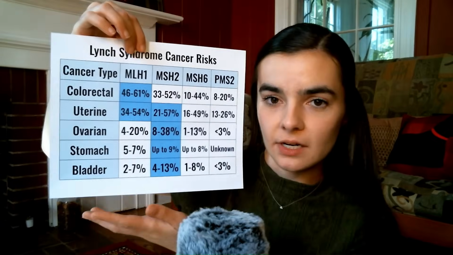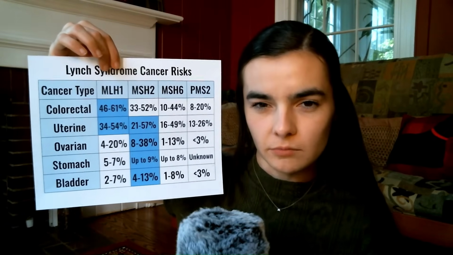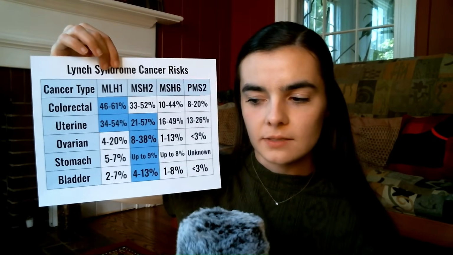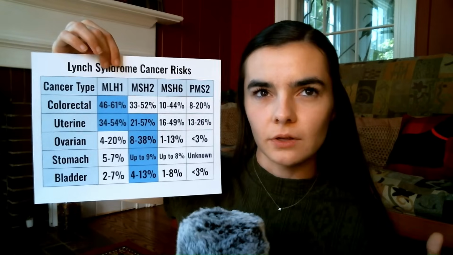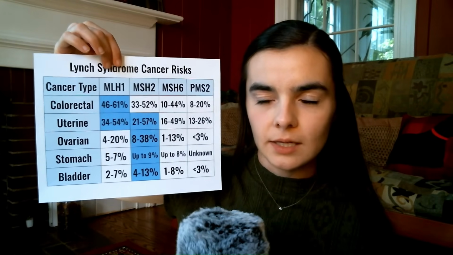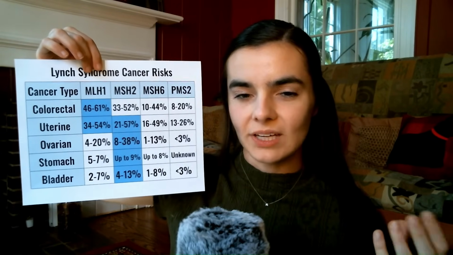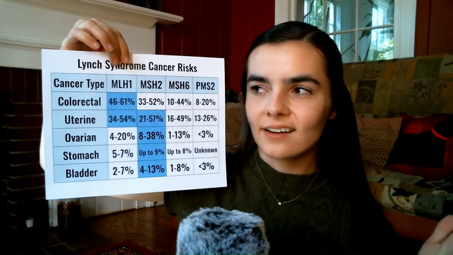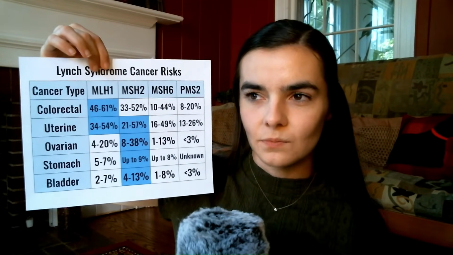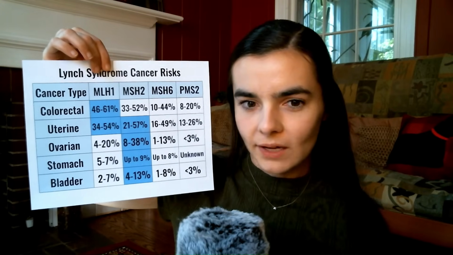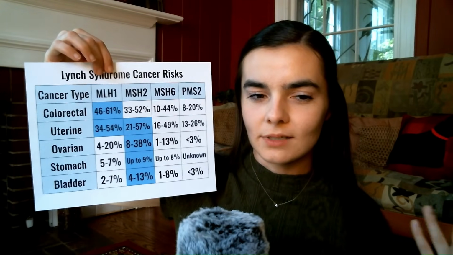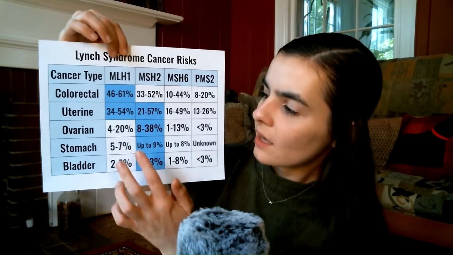Uterine cancer is another risk, specifically endometrial. Typically uterine and endometrial are used synonymously. Technically, endometrial is a type of uterine cancer because the endometrium is the lining of your uterus, but I just put uterine because that's what patients are going to tell you: my mom had uterine cancer. But it's specifically endometrial.